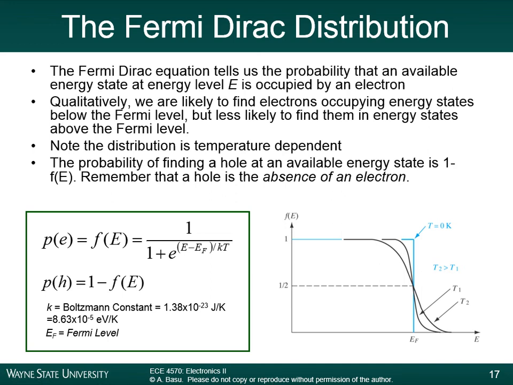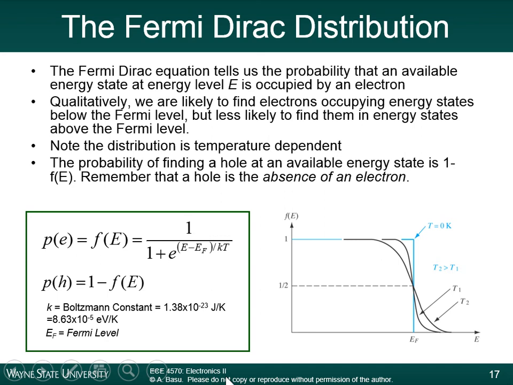Notice that this function says E minus EF. If you were to pick an energy here, then E minus EF would be just this distance between the energy that you're looking at and the Fermi level. This will make sense when you actually do a problem. These problems are not too difficult using the Fermi-Dirac function.